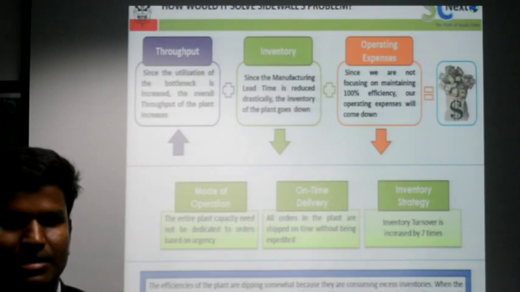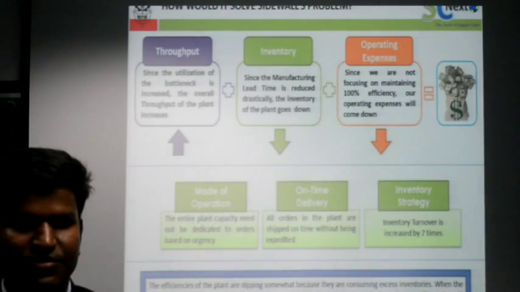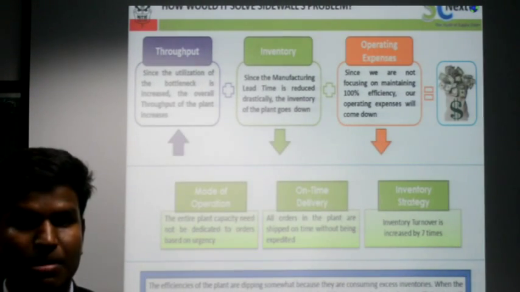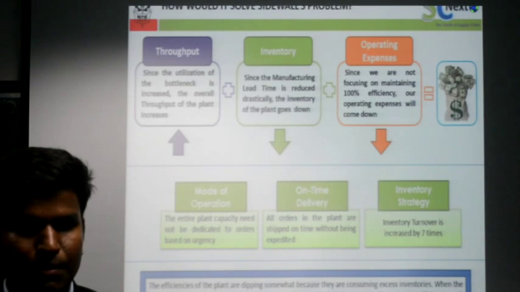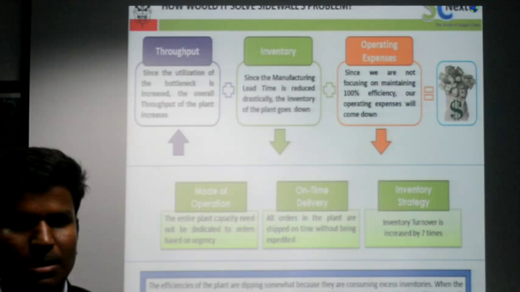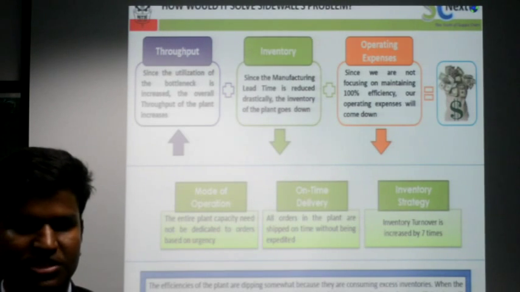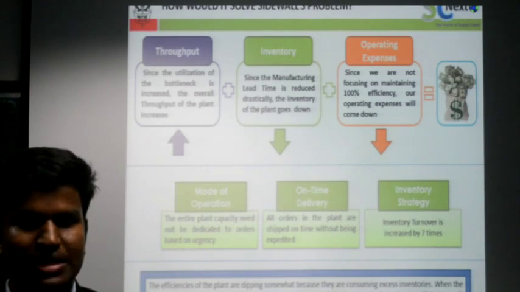Another point is that the case mentions that efficiencies were previously high, but now they are dipping again. With our approach, efficiencies will dip somewhat because the plant was consuming excess inventories. When the inventories are exhausted, which will happen as a result of increasing throughput, efficiencies will come back again.